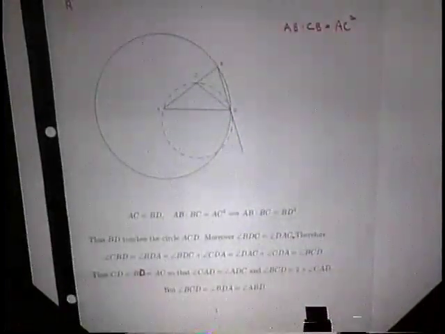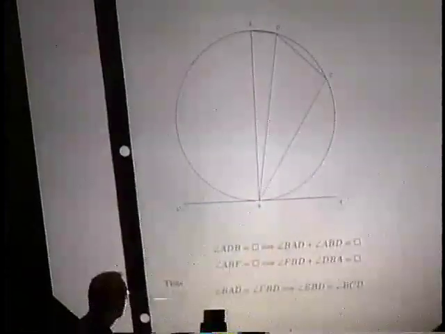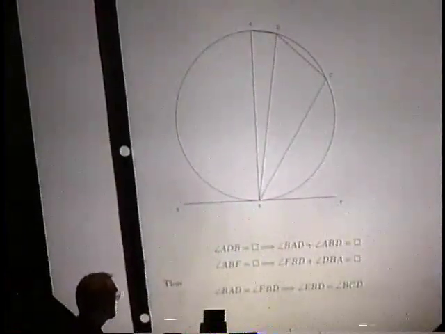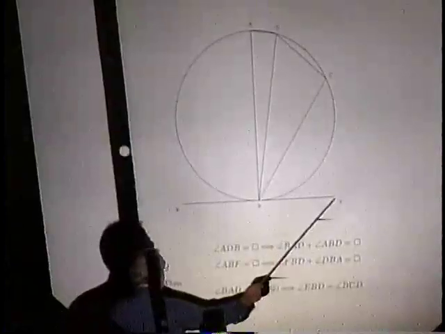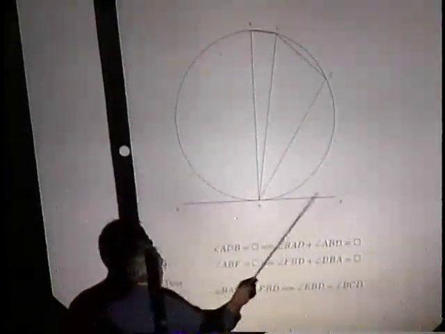So it touches the circle, and that means we're back. You see, it gets very complicated. That means we're back in the situation of our previous lemma. We had a line and a circle and a line that touches it.